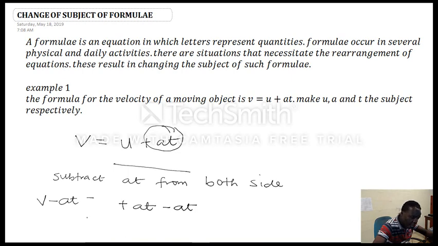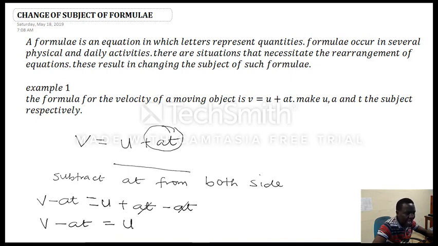Okay, now my u did not come up. Okay, so I have subtracted at from both sides. Now you agree with me that at minus at is equal to 0. So this is going to cancel this, so that I have v minus at is equal to u.